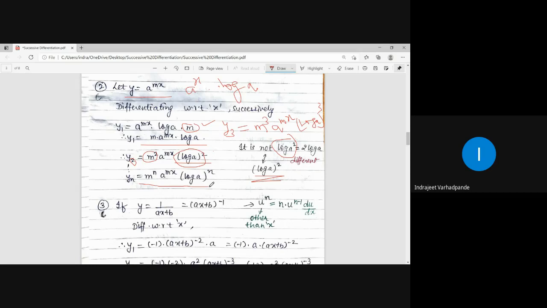So what is the nth derivative for y is equal to a to the power mx? The nth derivative is given by m to the power n into a to the power mx into log a to the power n. That is how successively one by one the derivatives are obtained and we can get the answer. I hope the point is clear.